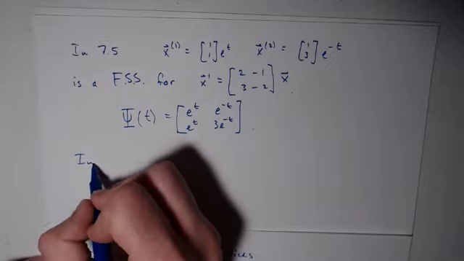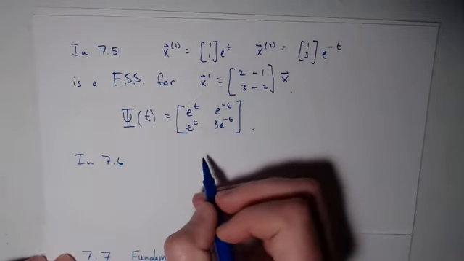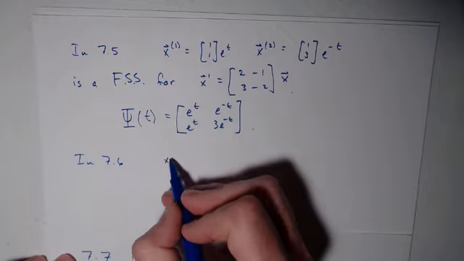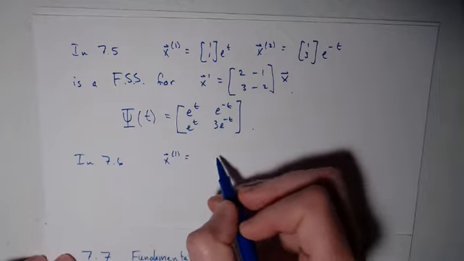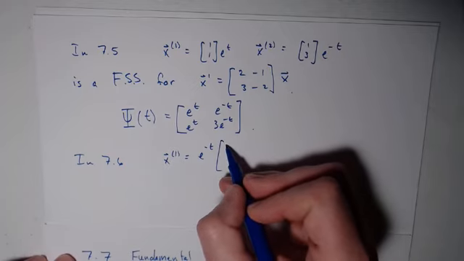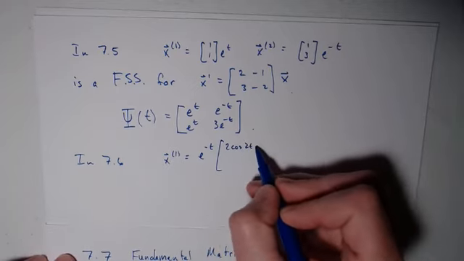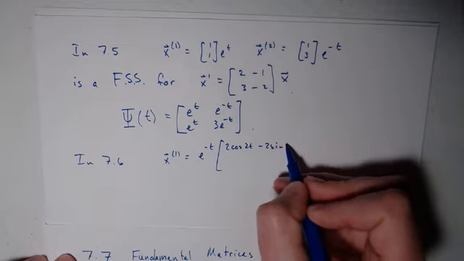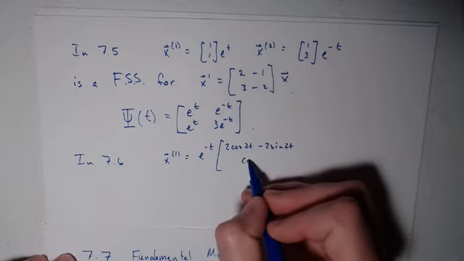So in 7.6 we solved, we had x1 equals e to the minus t times (2 cosine 2t minus 2 sine 2t, cosine 2t).